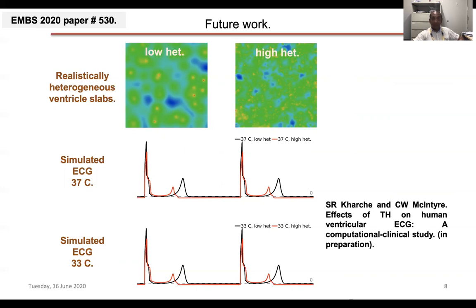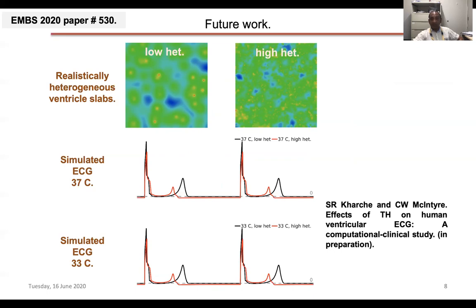In addition to quantifying the effects of underlying heterogeneity on ECG at physiological temperatures, the model is capable of providing some insights into the mechanism of a novel therapy called therapeutic hypothermia, cooling of the heart. This is a nationwide clinical trial ongoing with our clinical partners.